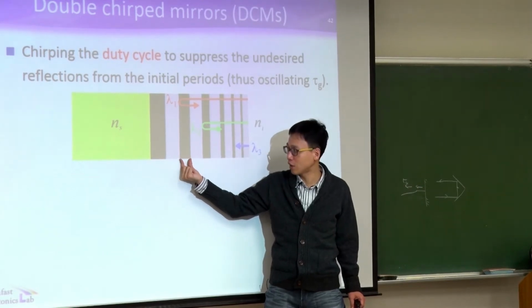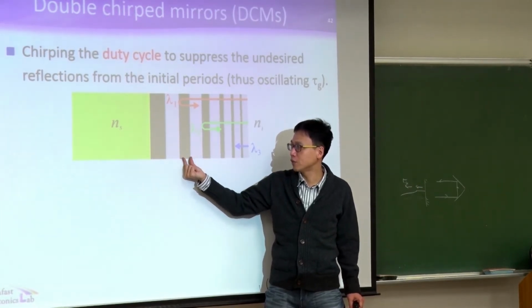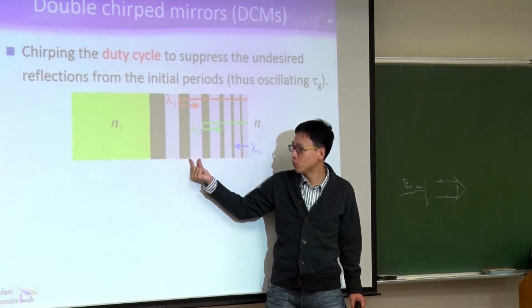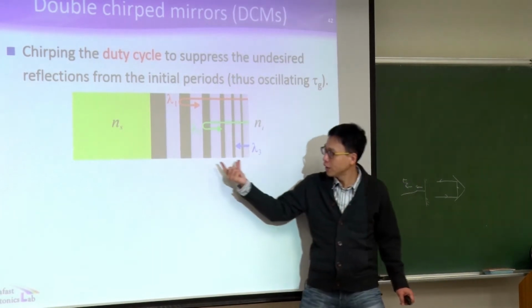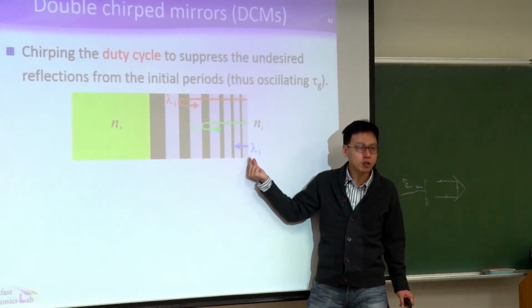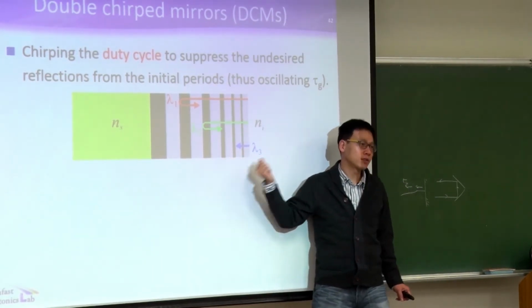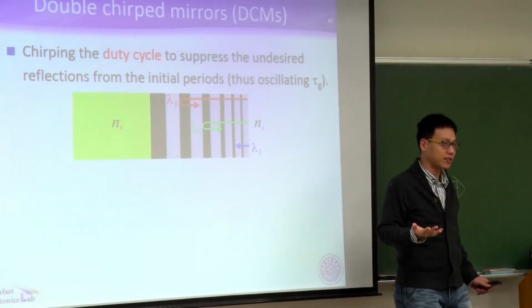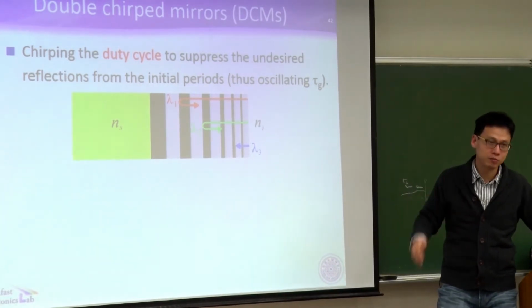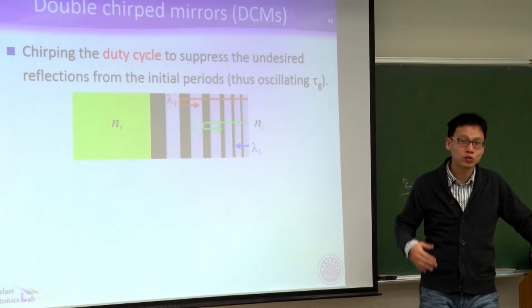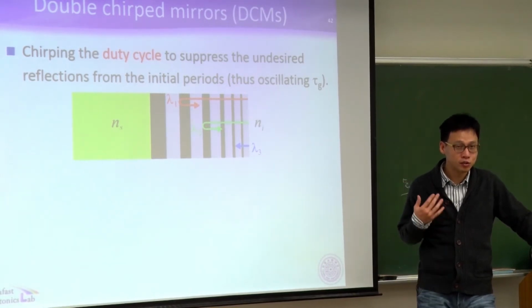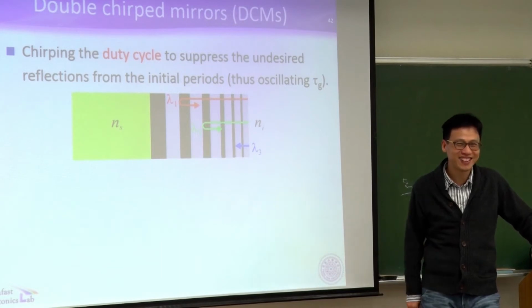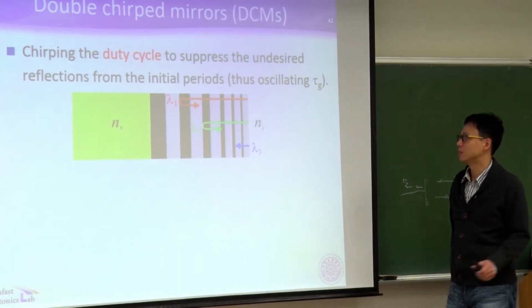You can see the dark thickness is relatively smaller than the gray one. And then you can have shorter and shorter period, smaller and smaller duty cycle simultaneously. That means double chirp mirror. 双重的 chirping. 既 chirp period, 又 chirp duty cycle. Okay, that's the double chirp mirror.